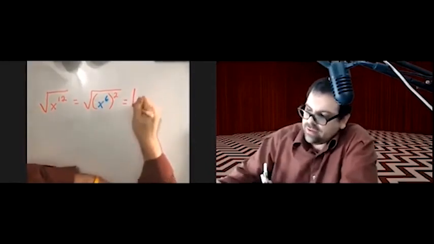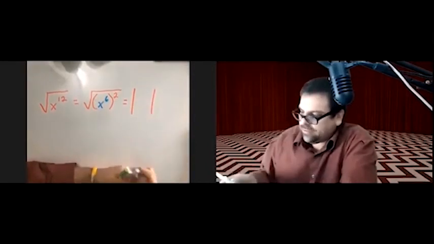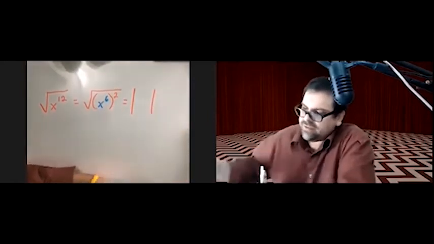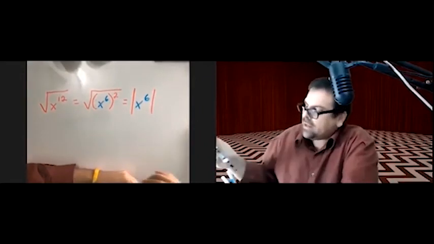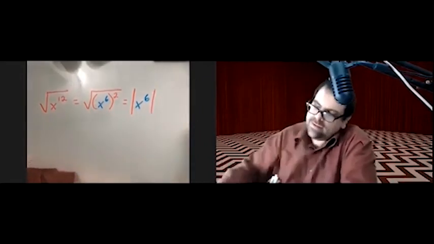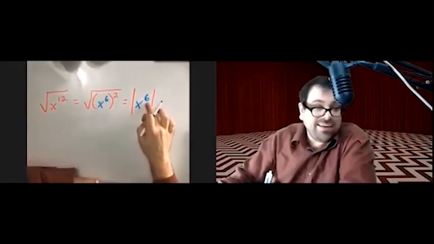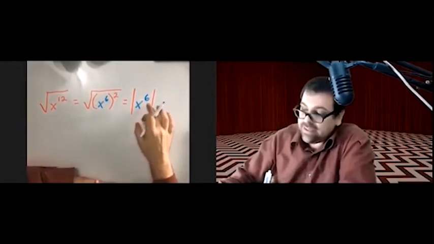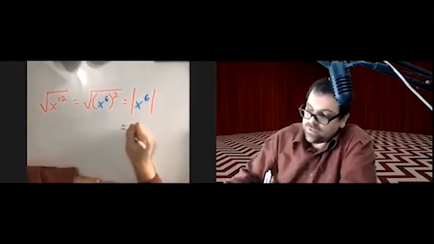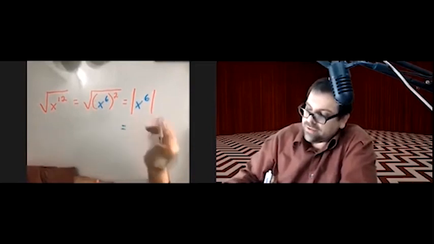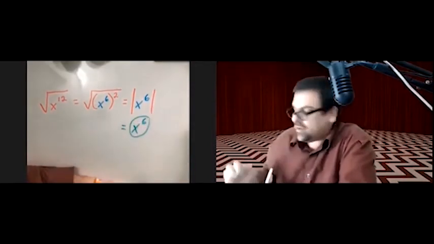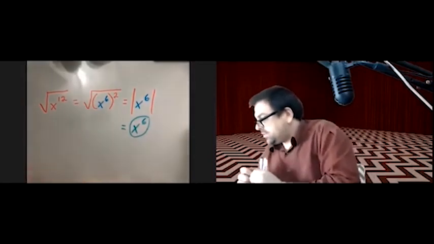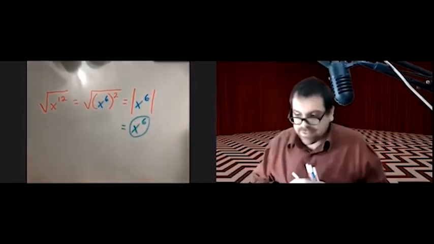Since it's even, we do absolute value of what's left, x to the 6th. But since this x to an even power is guaranteed to be positive or 0, the absolute value is unnecessary, and our answer is just x to the 6th.